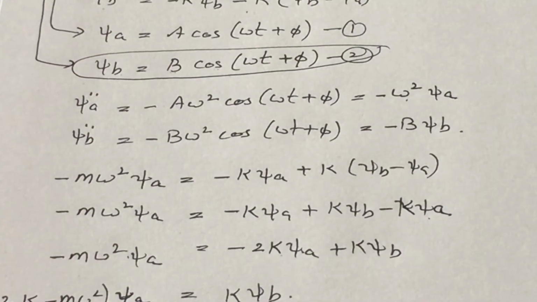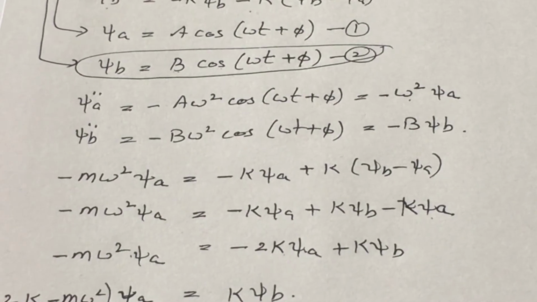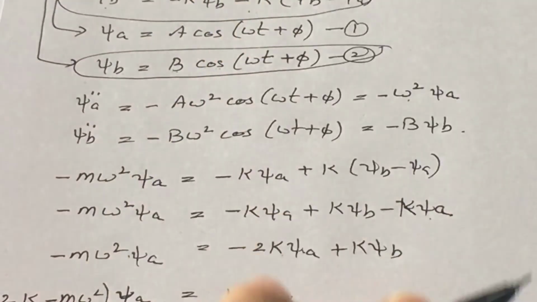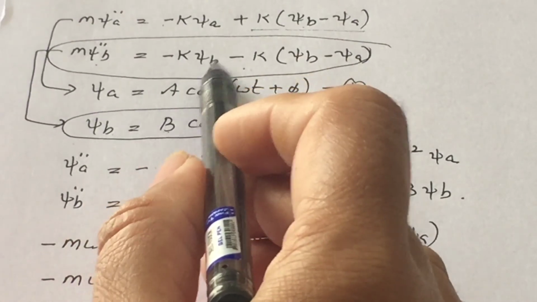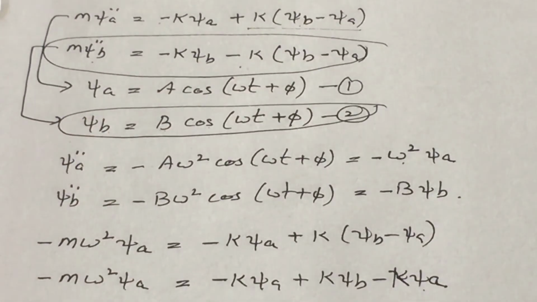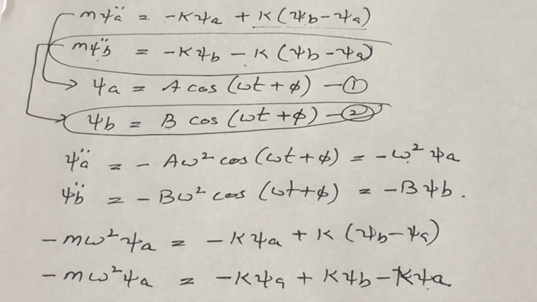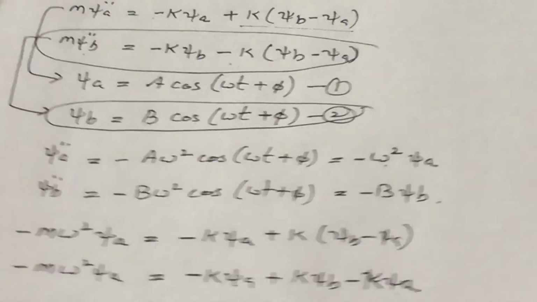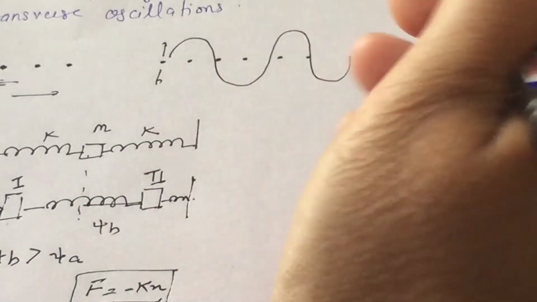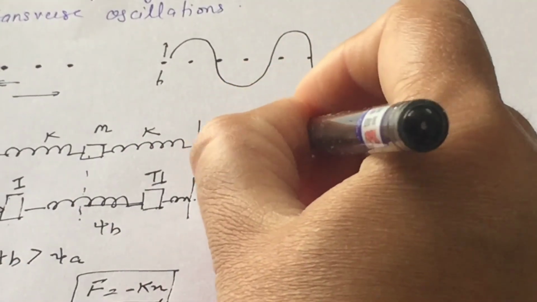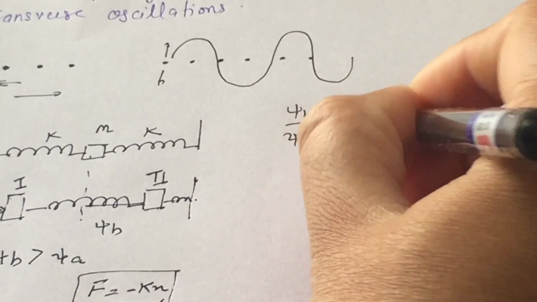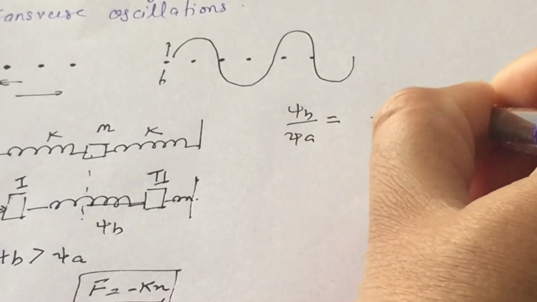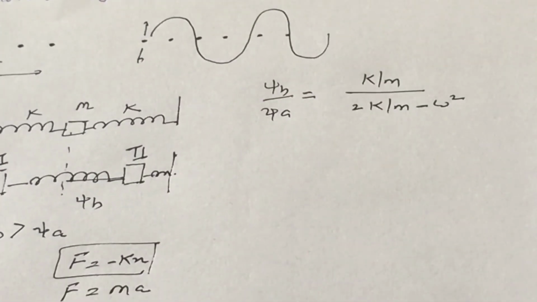Differentiate it with respect to time two times and put this value in the relation psi b double dot is equal to minus k psi b minus k times psi b minus psi a, and just equate for the ratio of psi b and psi a, and we will have psi b upon psi a is equal to k by m. Just calculate it by yourself and you will find this solution.